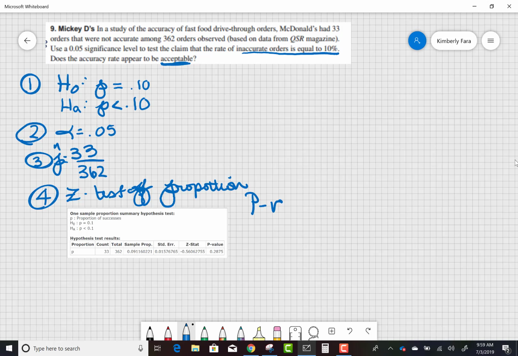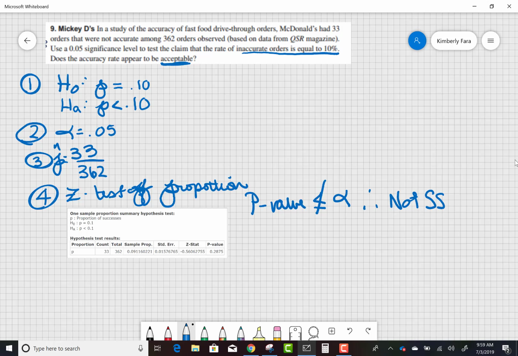Is our p-value less than or equal to our alpha? No, it isn't. So therefore, this is not statistically significant. I'm just going to use SS for statistically significant.